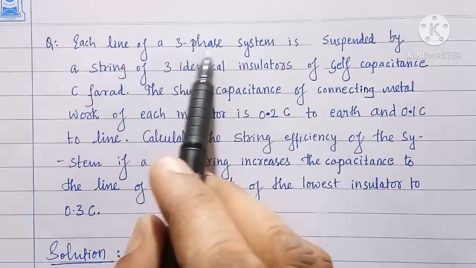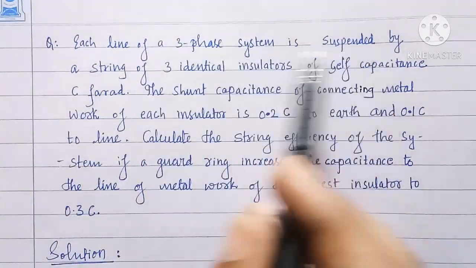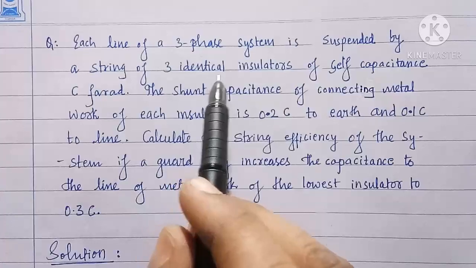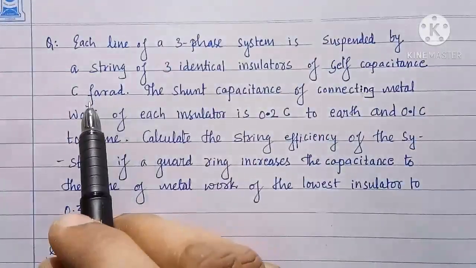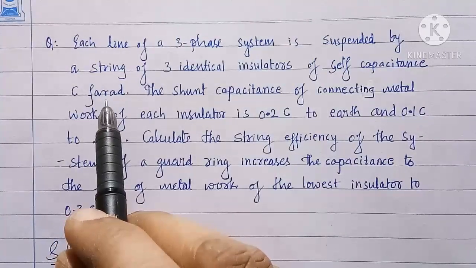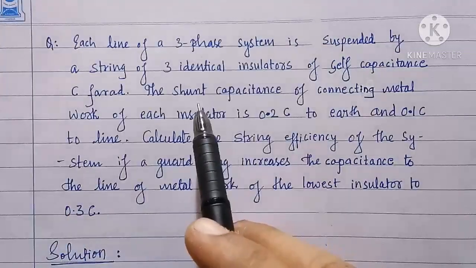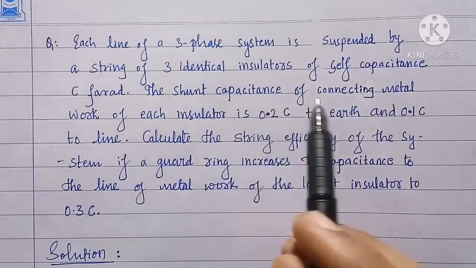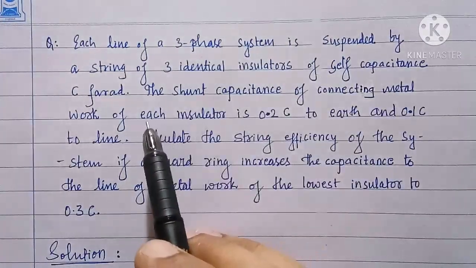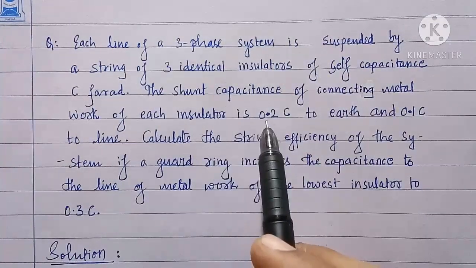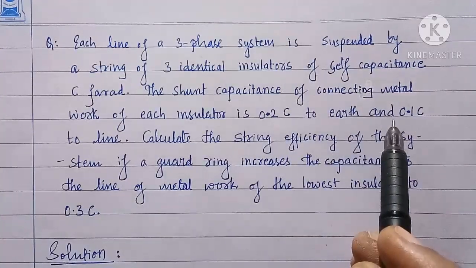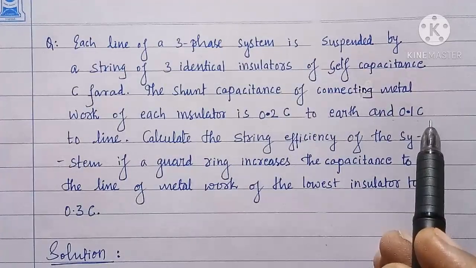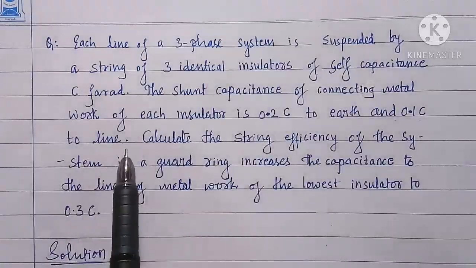Each line of a three-phase system is suspended by a string of three identical insulators of self-capacitance C farad. The capacitance of connecting metalwork of each insulator is 0.2 C to earth and 0.1 C to line.